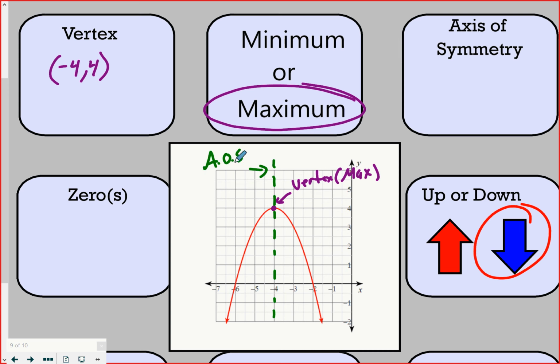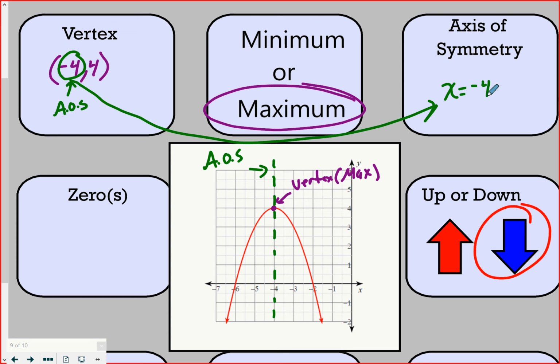Now notice, once again, my axis of symmetry goes through my vertex point. So it's the x value of your vertex. So in this case, I'm going to take that negative 4 and say that my axis of symmetry is going to be x equals negative 4. It's that vertical line that divides that graph in half.